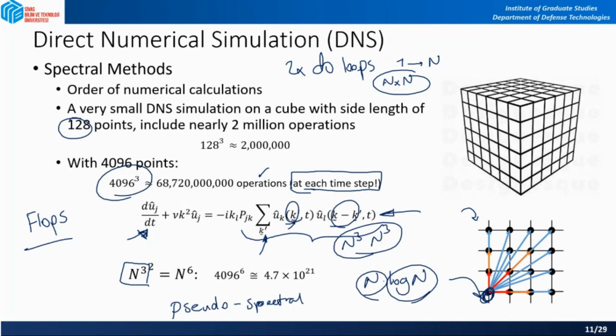And when I say it is a crazy amount, it is a very crazy amount of operations, and it requires heavy parallel computation. So only one question is left in DNS, and it is how we choose the maximum and how we discretize the wave numbers. We said that we have to cut at some point these numbers of waves. So there's this question left here, and we're going to see that.